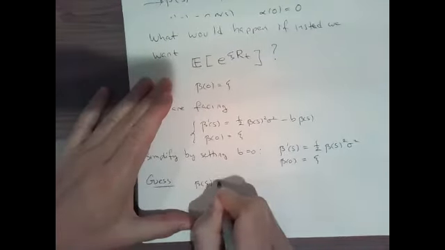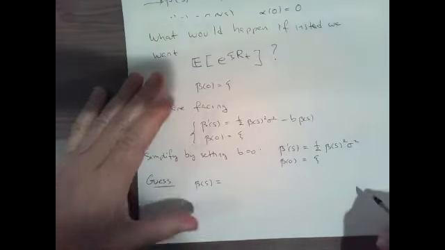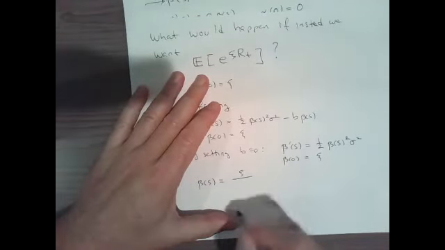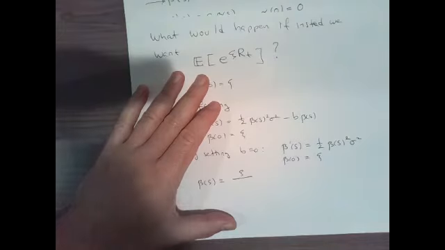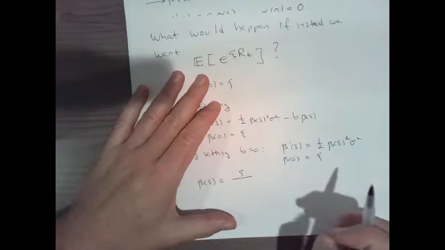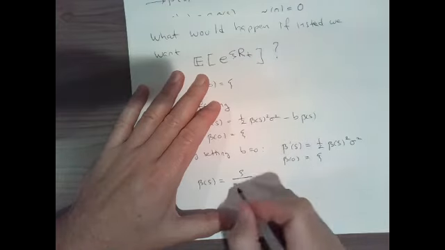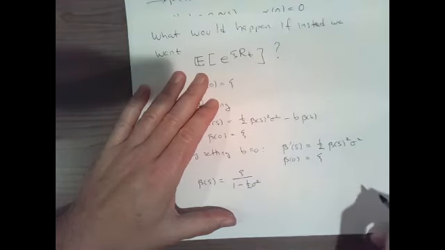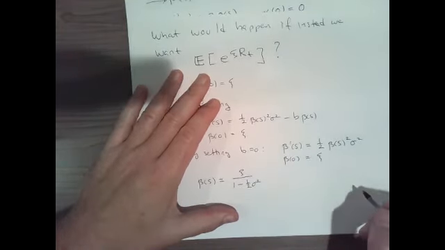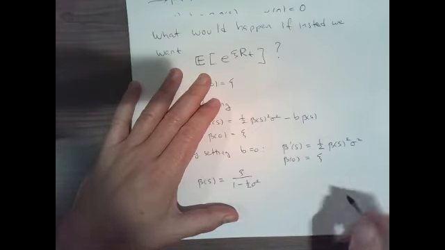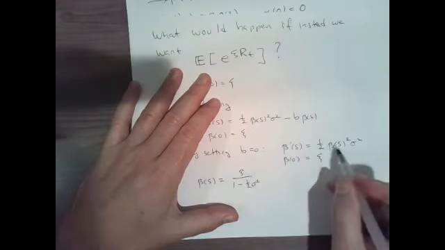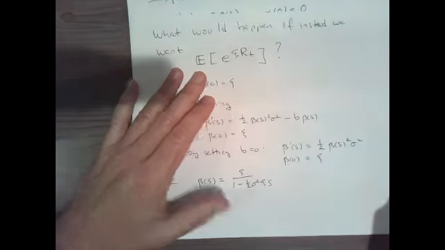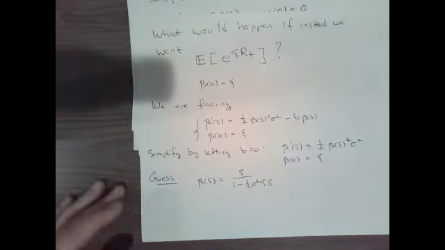Let's guess that beta of S is equal to psi divided by, I think it's 1 minus 1/2 sigma squared, I think there's a psi in here too, and then S. Okay, can anybody try to figure out whether this is correct?